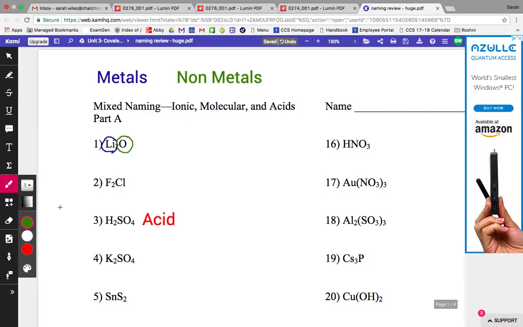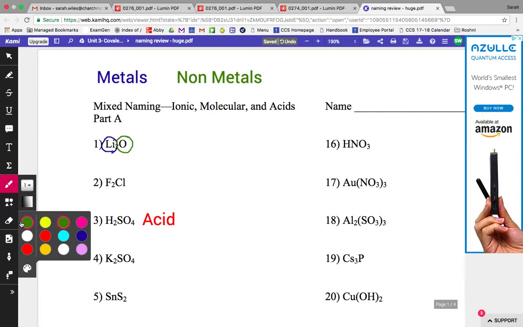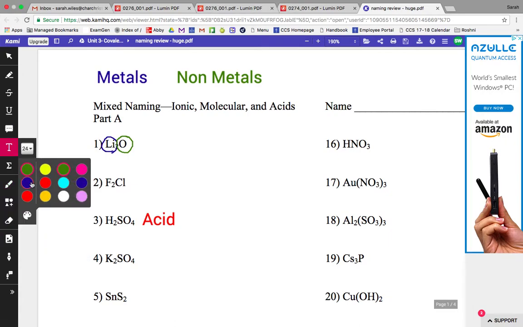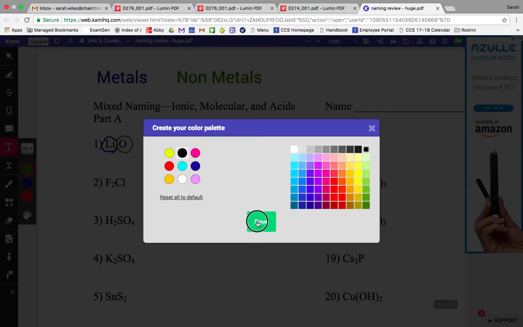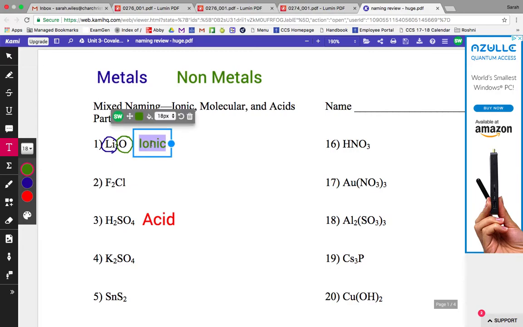Now, on your notes, if it is a metal and a nonmetal, it's ionic. Now, that's all we're going to do for number 1 at the moment. We're going to go back and name all of these, but not at the moment.